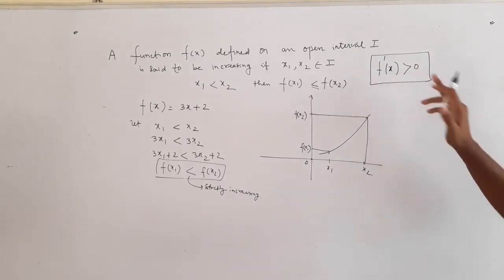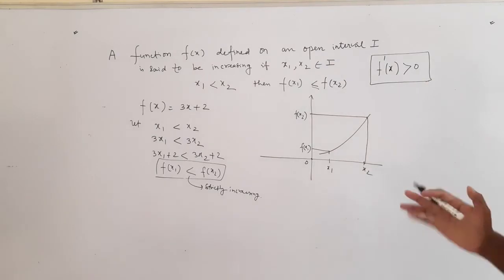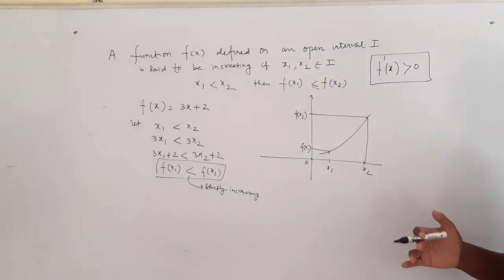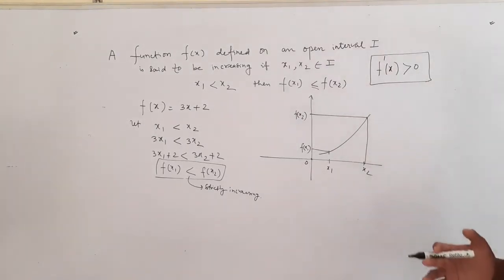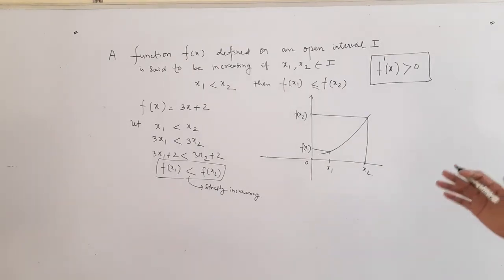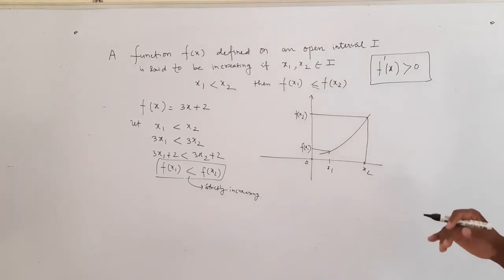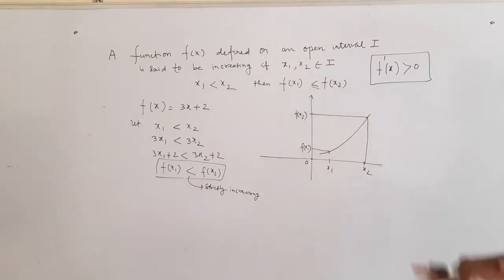If it is only greater than 0, this is strictly increasing, and if it is greater than or equal to 0, then you can say it is just increasing. So now we'll use the idea of differentiation to find the range where the function is increasing or decreasing. Let's clear the screen and we'll discuss the decreasing function also.